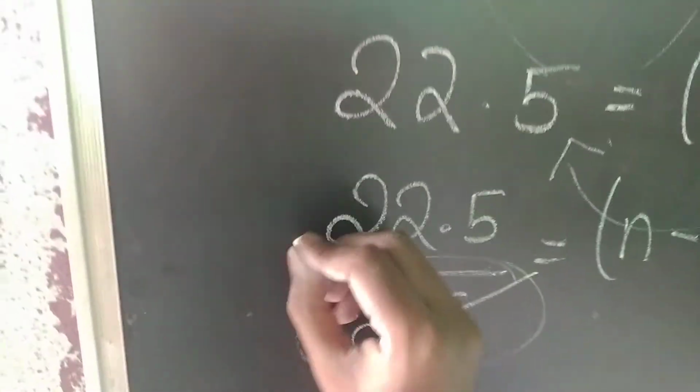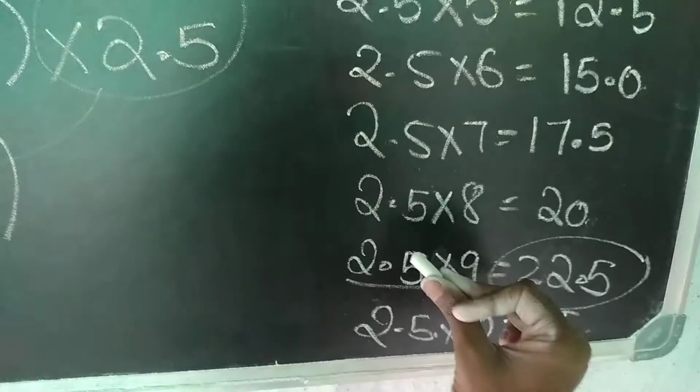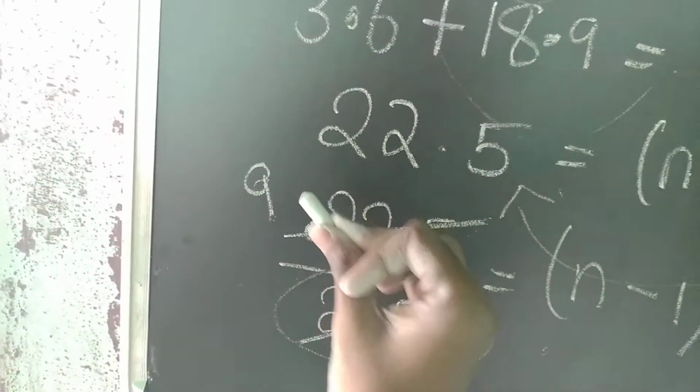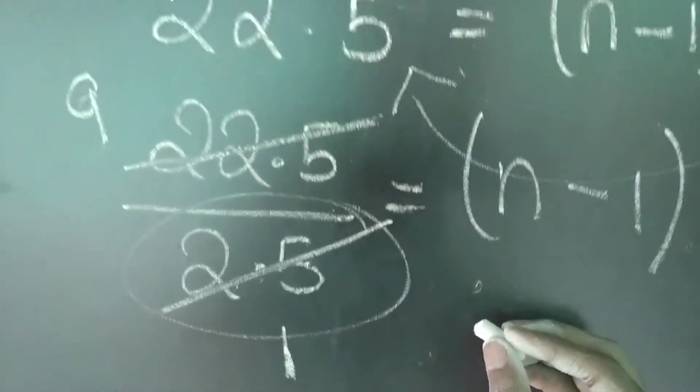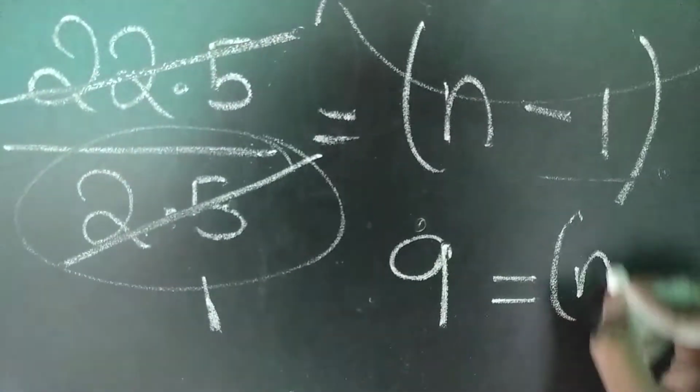So 2.5 ones are 2.5, 2.5 nines are 22.5, because 2.5 into 9 is 22.5. So we are left over in the LHS with 9, equals, in the RHS, n minus 1.